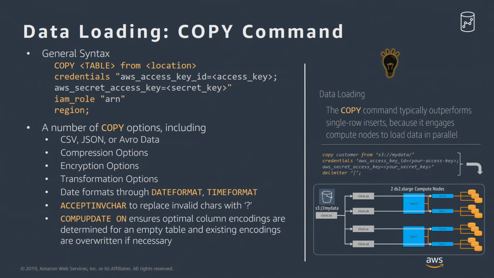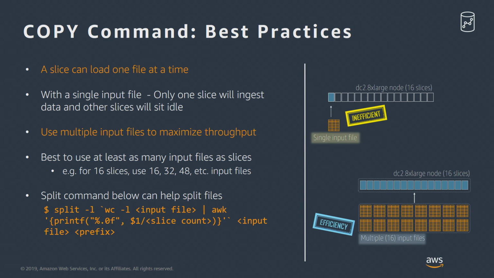But you heard Sudhir talk about nodes and slices, and the Redshift copy command. Let's say we've got a cluster and it's got a 10-node cluster. We want to have at least 10 input files so that we can load them all in parallel, right? So if we've got one big input file, we're going to hit one node in the cluster, and we're going to dump that entire file into that one node, and the other 9 nodes in our cluster are going to sit idle, right?